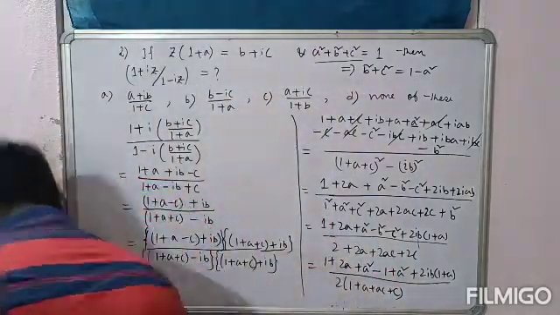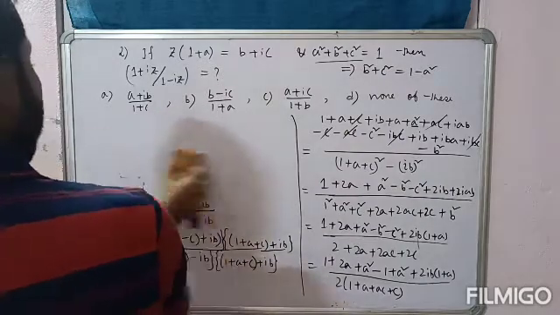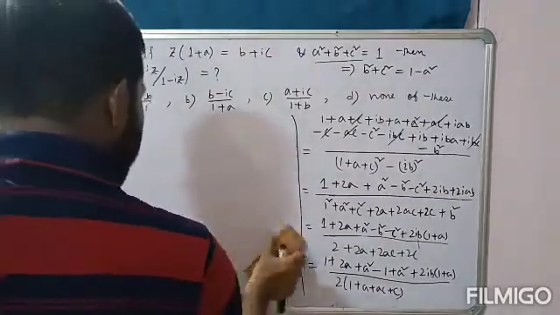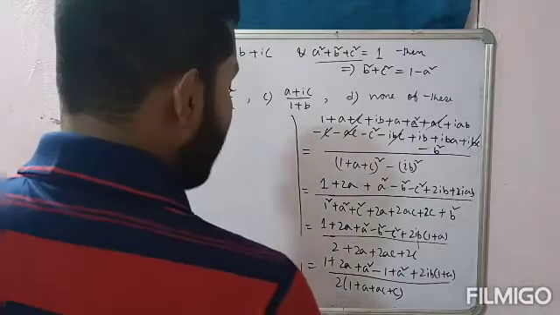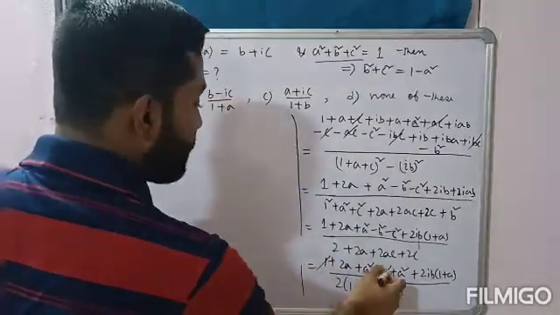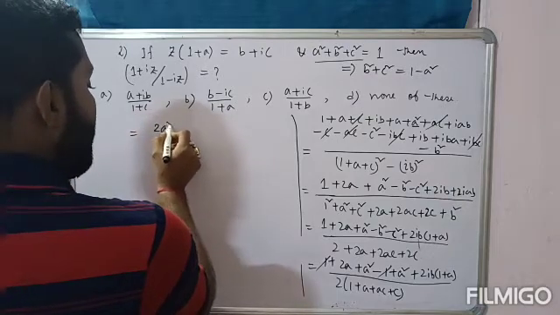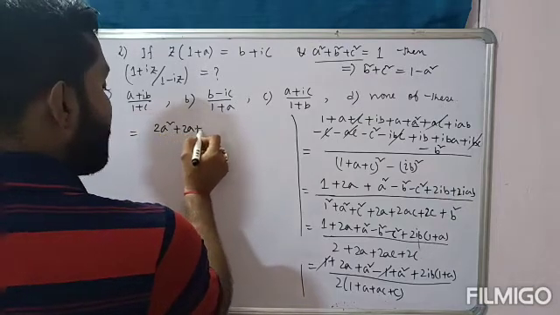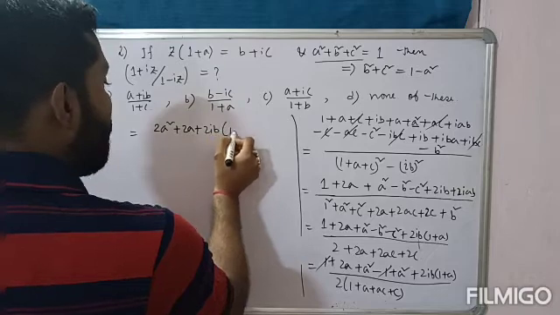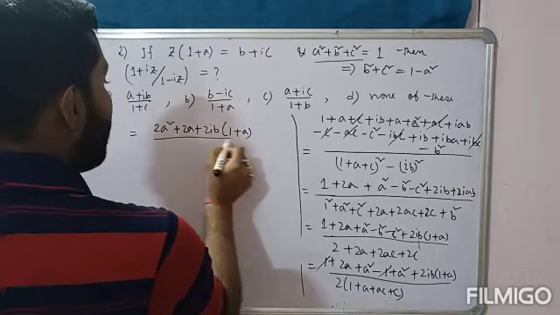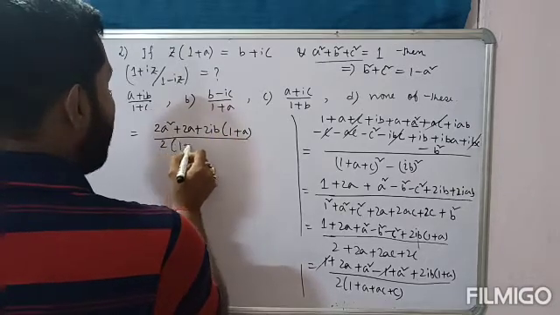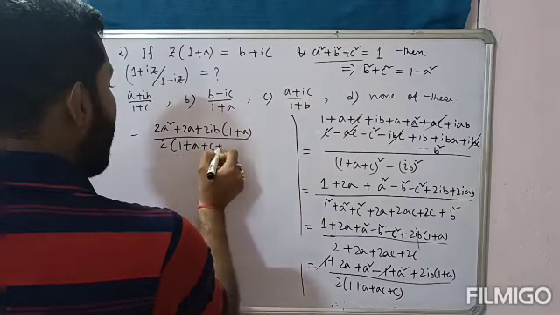So we have to do a little simplification carefully here. Now after that, look at the numerator, plus 1 minus 1 will be cancelled. Then it will be like 2a square plus 2a plus 2ib whole into 1 plus a divided by 2 whole into 1 plus c plus ac.